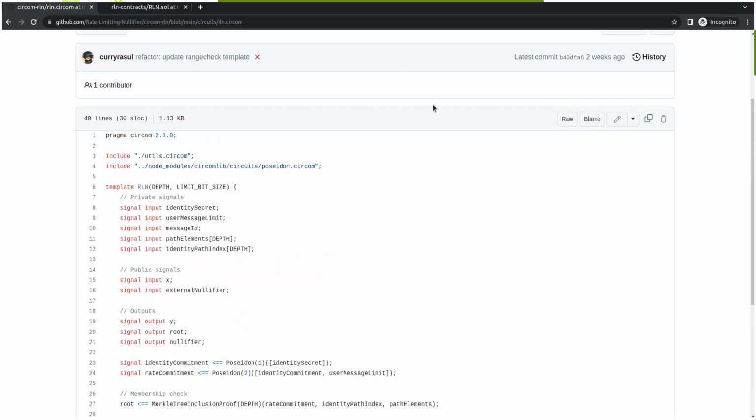Circomtester tool. Have you done any fuzzing, something like that? For the circuit? No. I think we had proper testing and formal verification during our audit. But in general, we didn't do fuzzing, just simple tests.